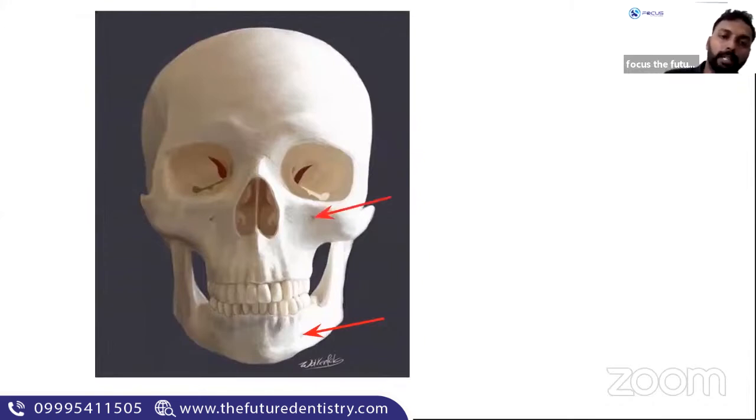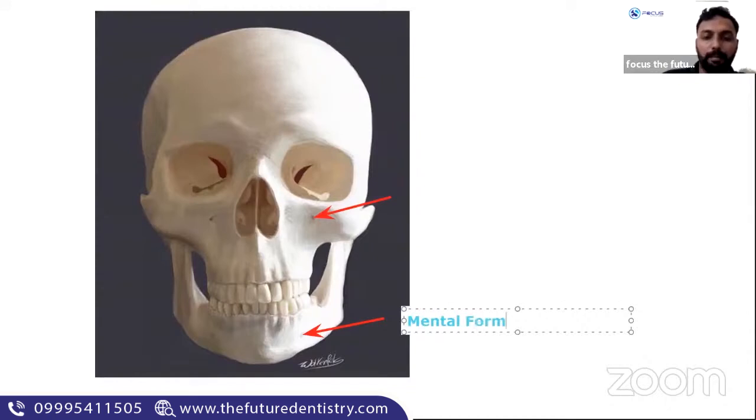What is this foramen, the second one? So the first one you all said it is mental foramen. So it's a foramen seen in the mandible, through which the mental nerve and blood vessels come out. What is this foramen?